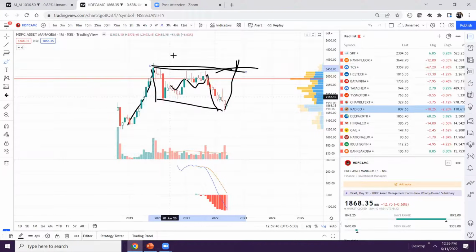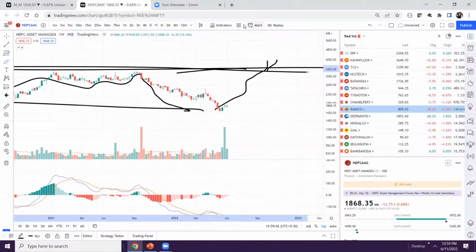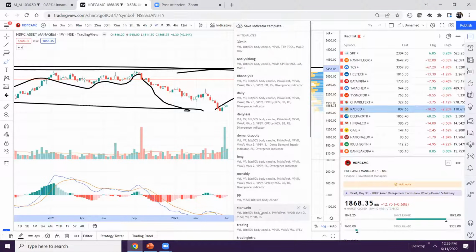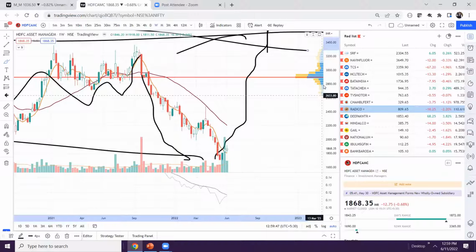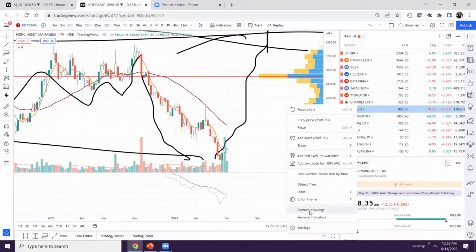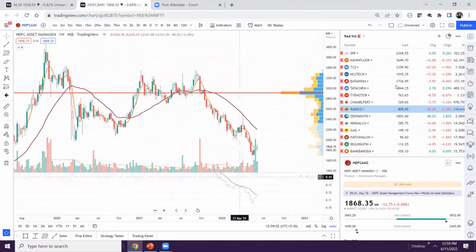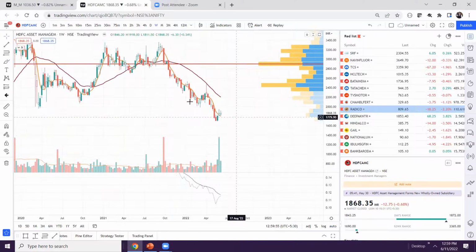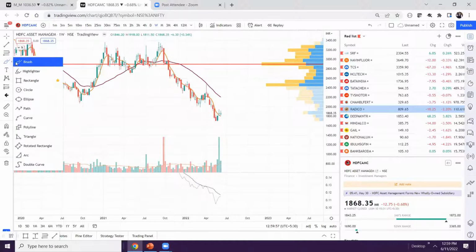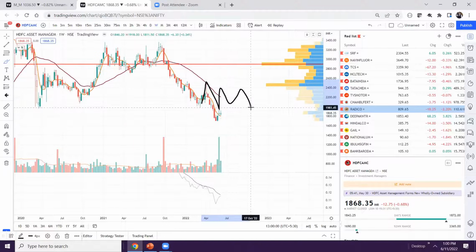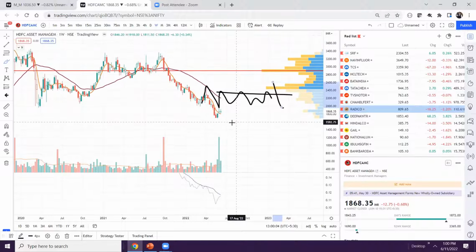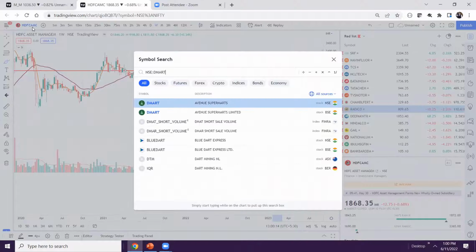Yes. So let us see how this looks on the Stan Weinstein concept. You can see there is no entry, right? Now we will get an entry if this is something like this, and then we get a breakout. So let us see DMart.